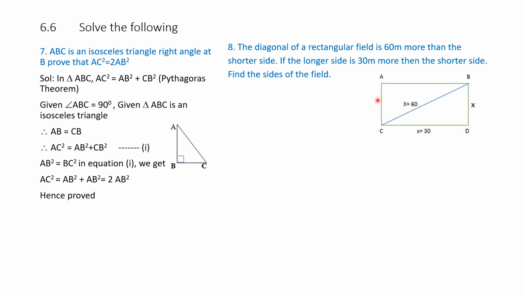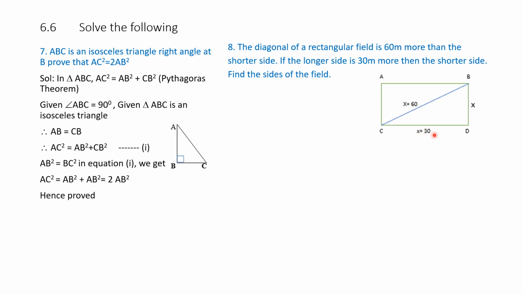So it is given here the diagonal is 60 meters more than the shorter side. So let the shorter side be x, that is BD is equal to x. If BD is equal to x, the diagonal is 60 plus x because it is given as 60 meters more than the small side. And the larger side CD is given as x plus 30.